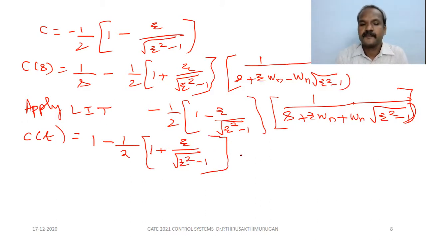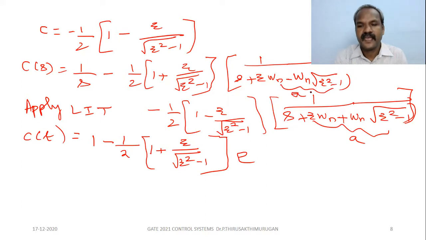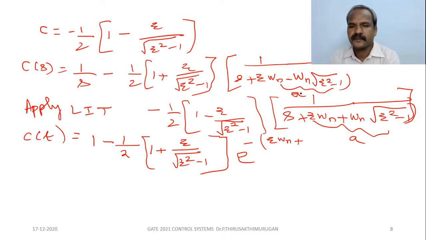So we will be getting e to the power for this term. So S plus A, this is S plus A, this is S minus A. So what do you get? We will be getting e to the power minus zeta omega n plus square root of, so this is minus, right?